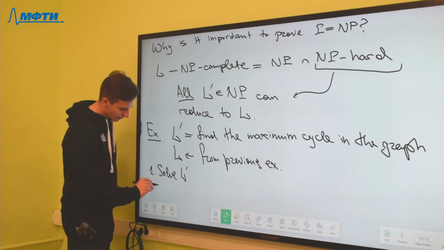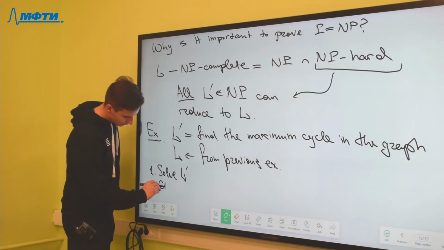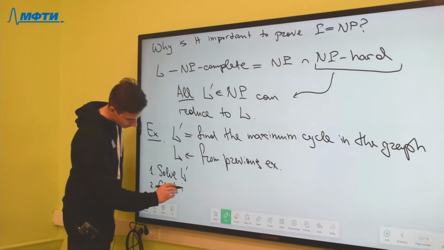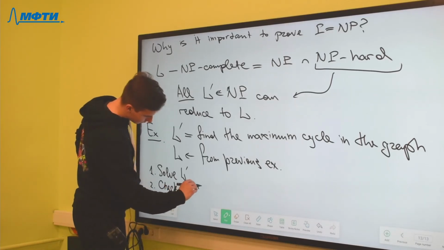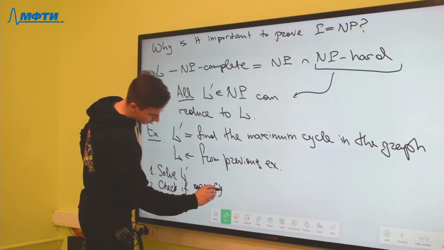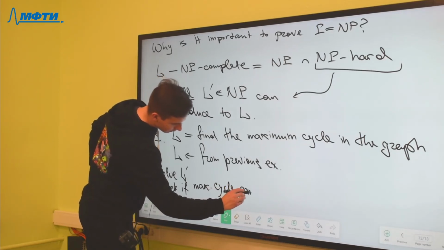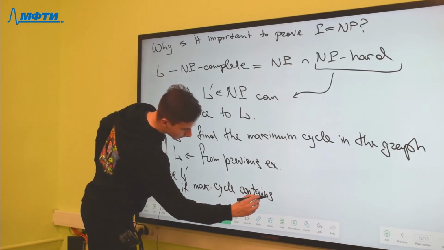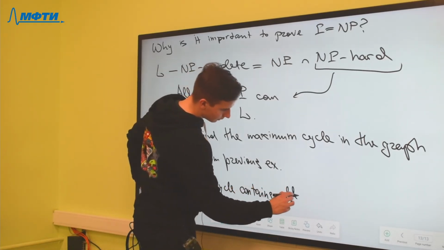And then we compare, we check if the maximum cycle contains all vertices.